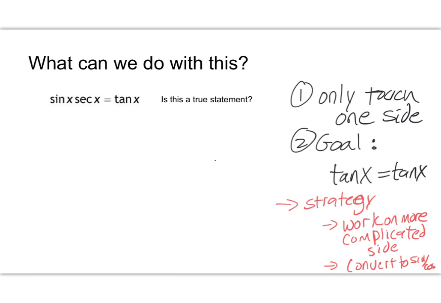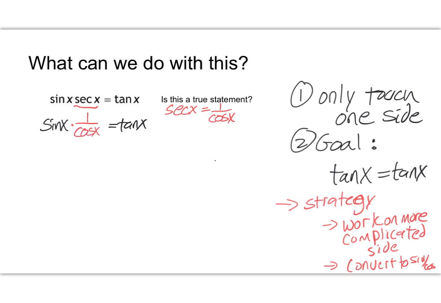So looking at this, I've got sine of x, and I can't really do anything with that. Secant of x, I happen to know that secant of x is equal to 1 over cosine of x. That's one of our reciprocal identities that we talked about on the previous page. If I substitute that in, so we're going to make our second line sine of x, and instead of secant of x, I'm going to write this as 1 over cosine of x.